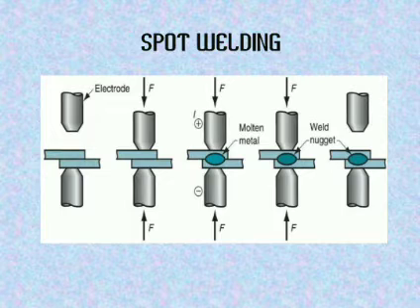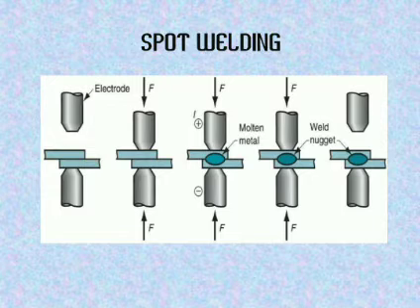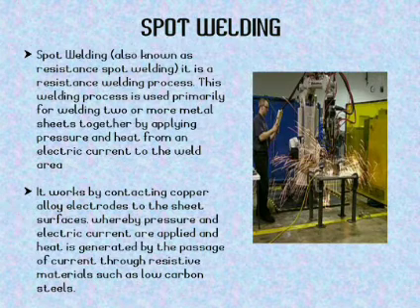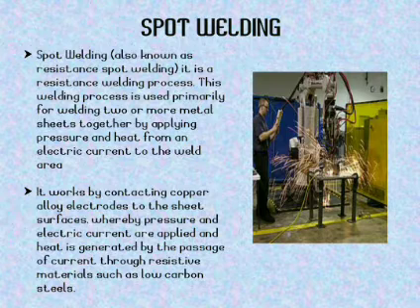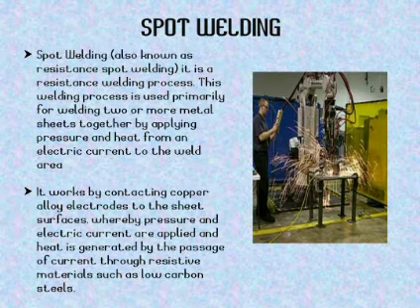Alright, so as we go deeper in our main discussions, let's first identify what is spot welding. Spot welding is also known as resistance spot welding. It is a resistance welding process used primarily for welding two or more metal sheets together by applying pressure and heat from an electric current to the weld area.